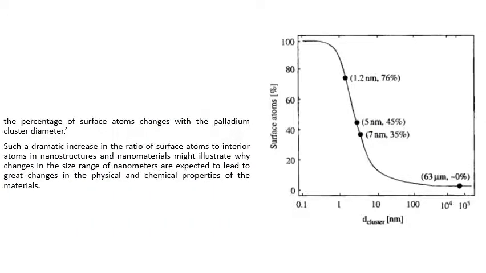This graph is plotted by taking another example. Here we are taking the example of palladium. We have a palladium cluster with some diameter, and then we are reducing the size of this cluster.